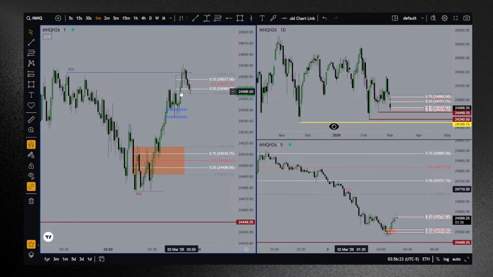So that's also an imbalance that is important to me, and preferably if we can see price drop below it on the closing basis, I would anticipate it to act as a bearish inversion fair value gap. That's something I'm watching if it can happen.